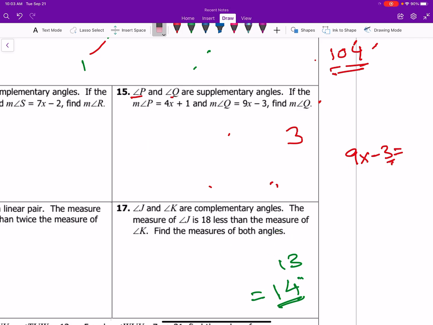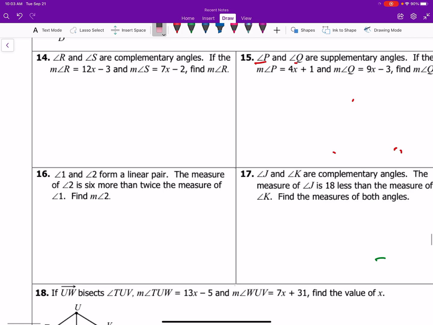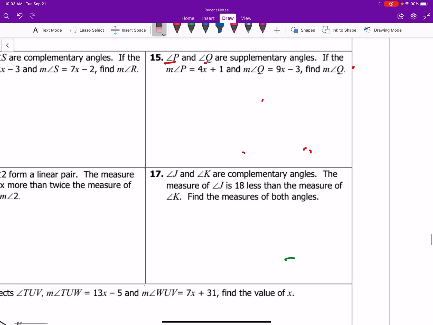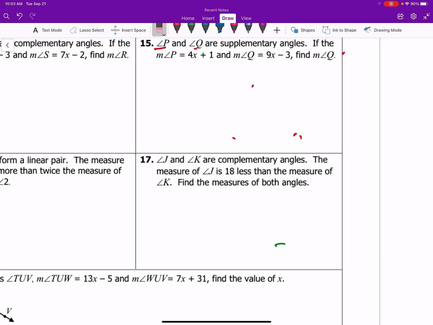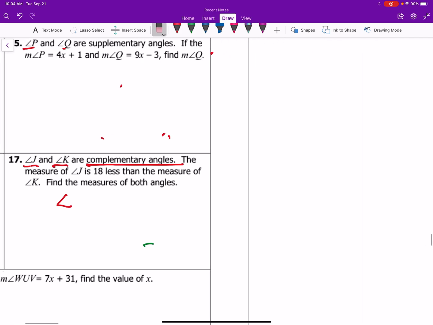And then once you go on, things become a little critical, okay? They say angles J and K are complementary angles. So let me write it a little here so that it looks nice. So they say angles J and K are complementary.